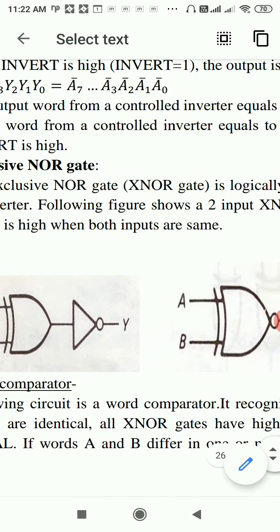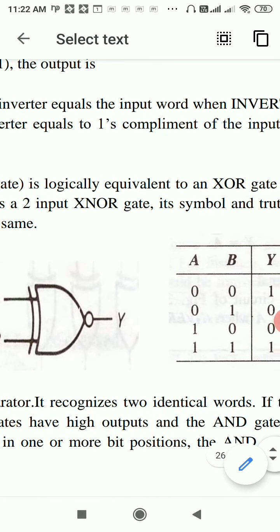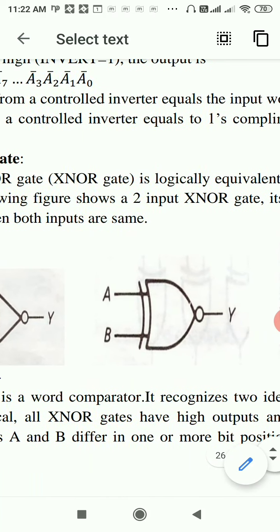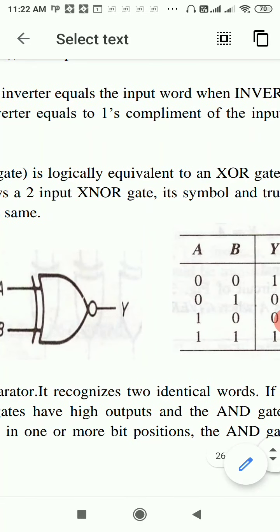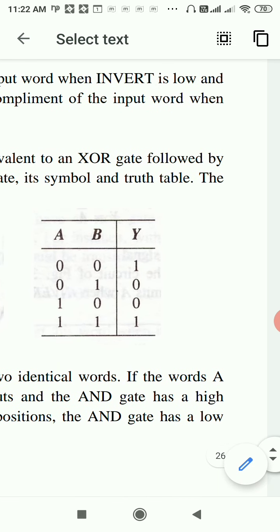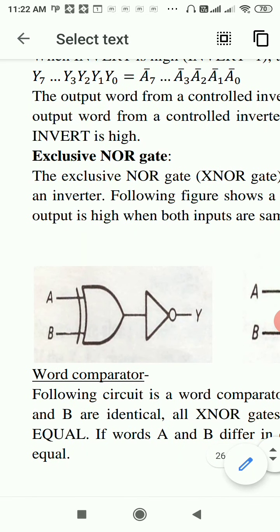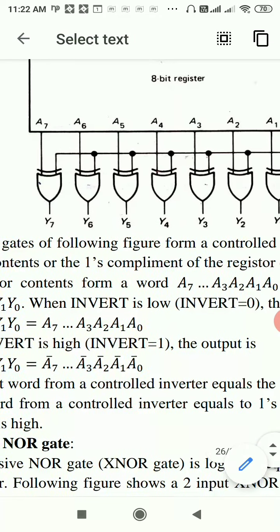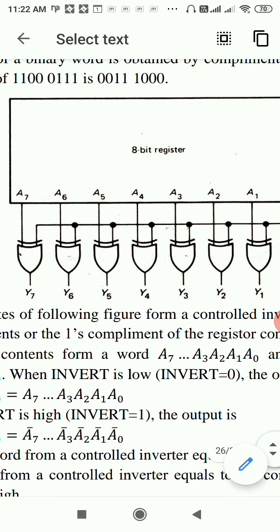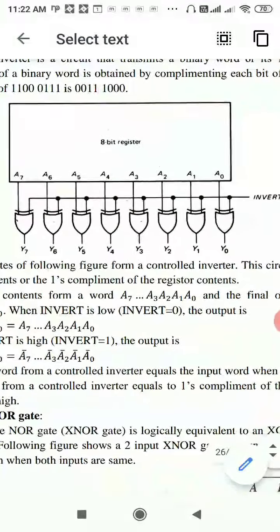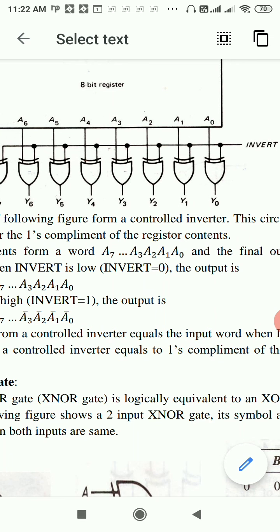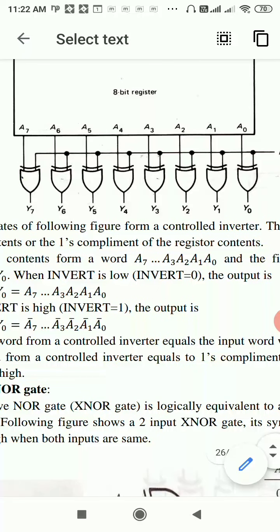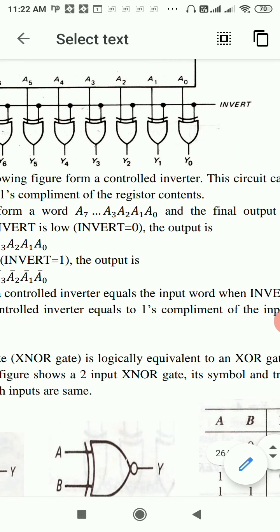The output word from a controlled inverter equals the input word when invert is low, and equals the ones complement of the input word when invert is high. So this circuit works as controlled inverter. We can find the same word by keeping invert low, and we can find the ones complement of this word by keeping invert as high.